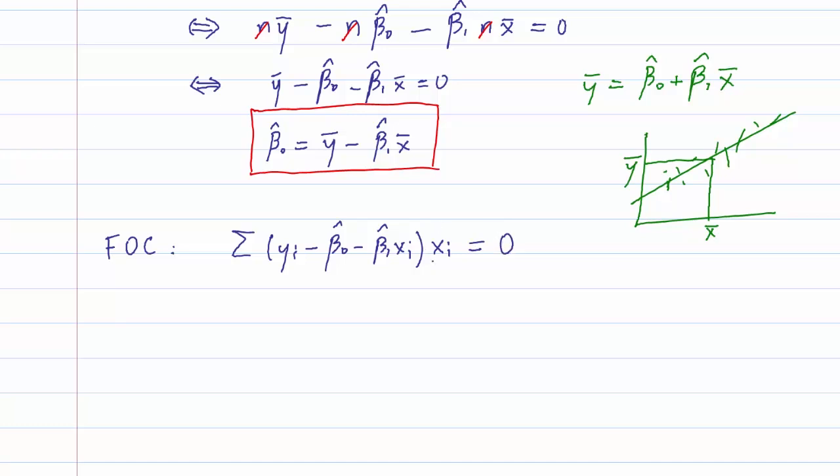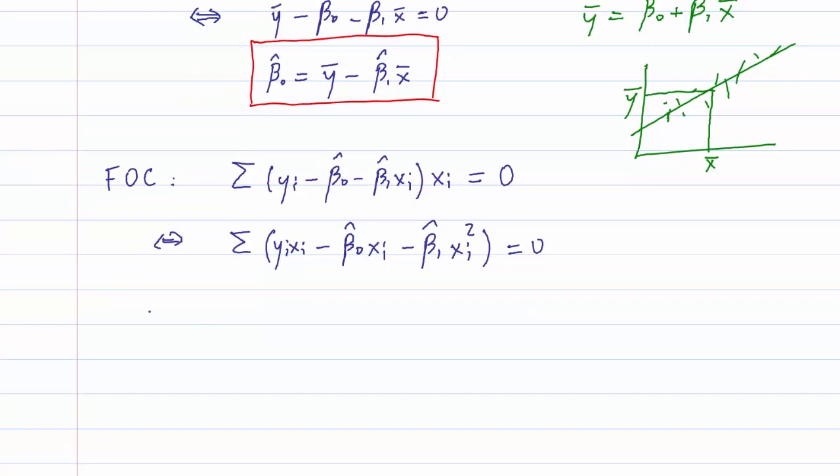So I'm going to distribute the xi that's outside of the parentheses here. So this becomes the sum of yi xi minus beta 0 hat sum of xi, sorry, minus beta 1 hat xi square equals 0.